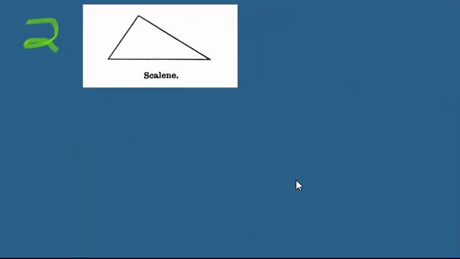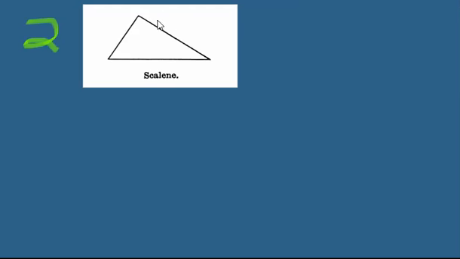So scalene triangles have, I'm not going to say it yet, but if you remember scalene, the word that we were able to pull from it is scale. So all we need to find out is how many equal sides scalene triangles have. The way to do that is using our trick, scale.